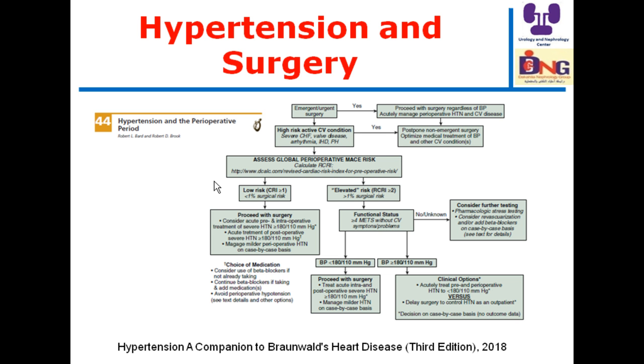You can go through this algorithm, looking at the cardiovascular risk factors, the values of systolic and diastolic blood pressure, and the choice of medications. Again and again, we can sometimes hold ACE inhibitors or ARBs if the blood pressure is adequately managed and monitored well perioperatively, but avoid altogether stopping drugs like beta blockers because we are afraid of rebound hypertension and arrhythmia.